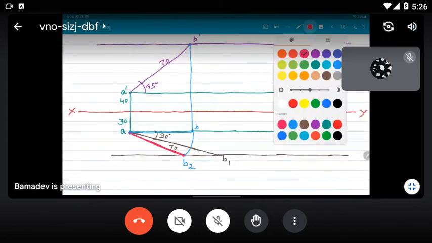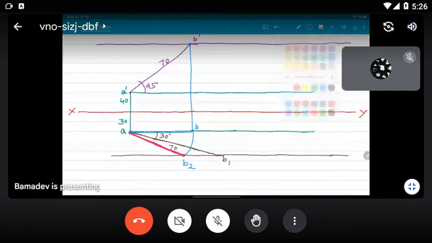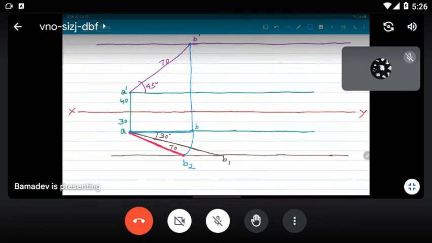Then drop a projector from B1 upon this straight line here.